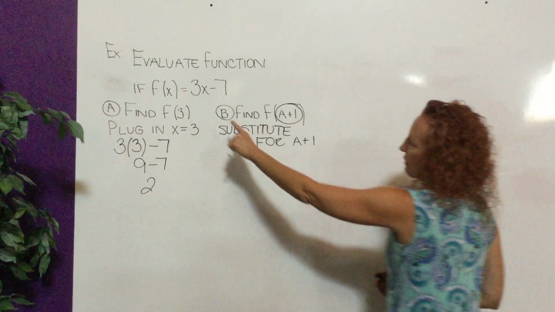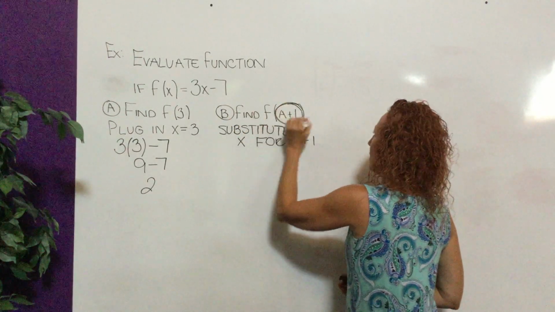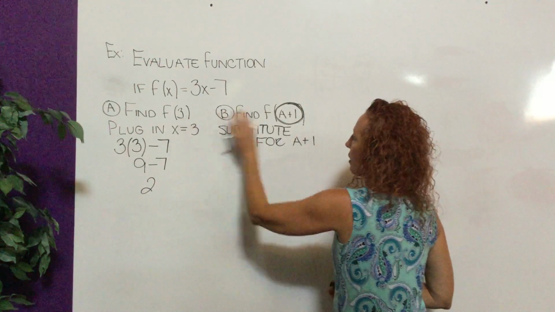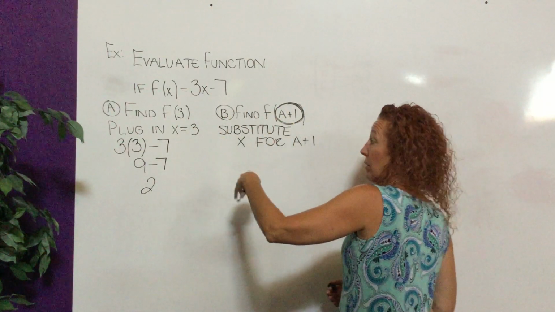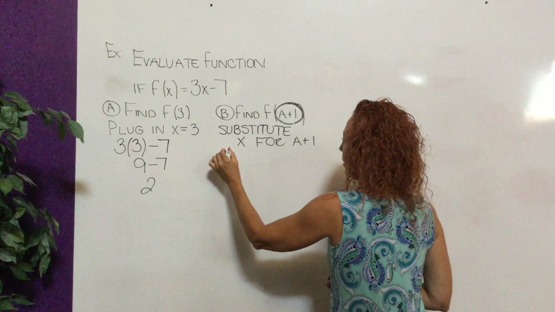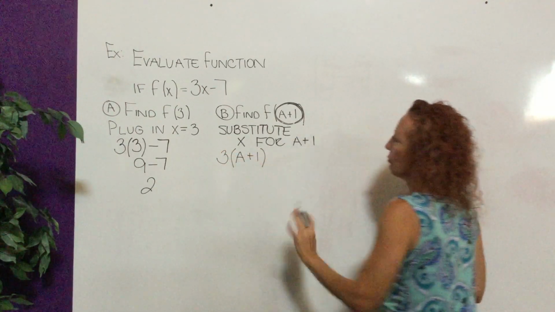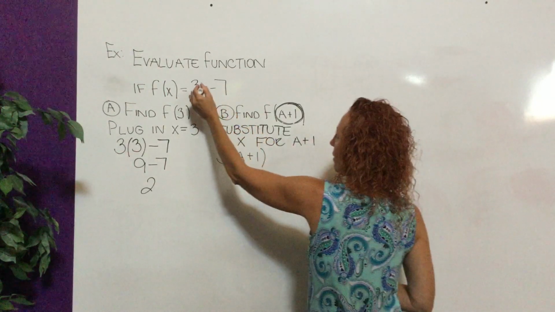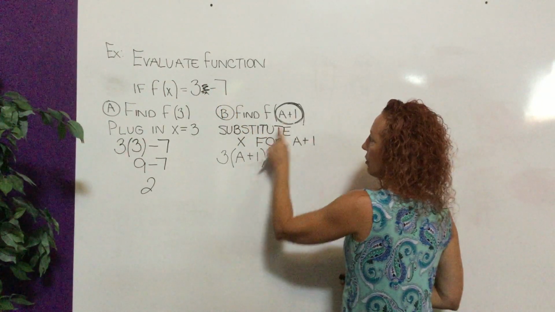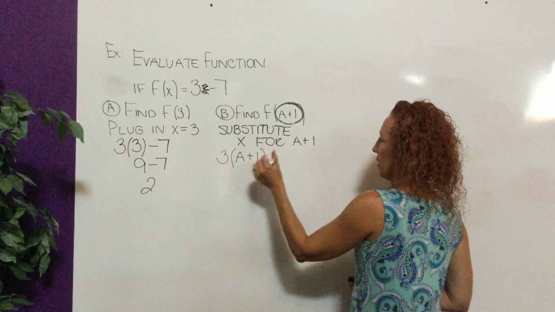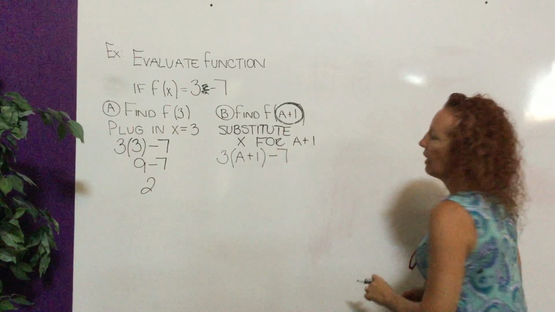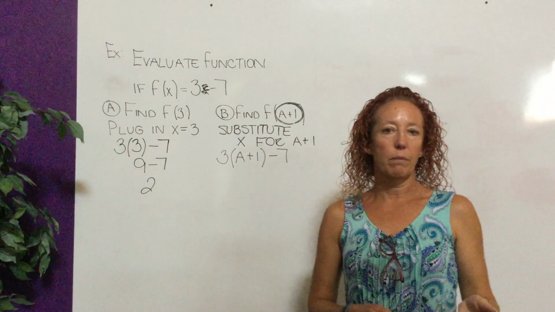So again, instead of this x, whatever is inside this parenthesis, it could be a number, it could be an expression, it could be a negative, it could be 0, it could be a fraction. You're going to plug that in. There's no more x. The x goes away. And you substitute in whatever's in the parenthesis. And then you're going to simplify it to the best of your ability.